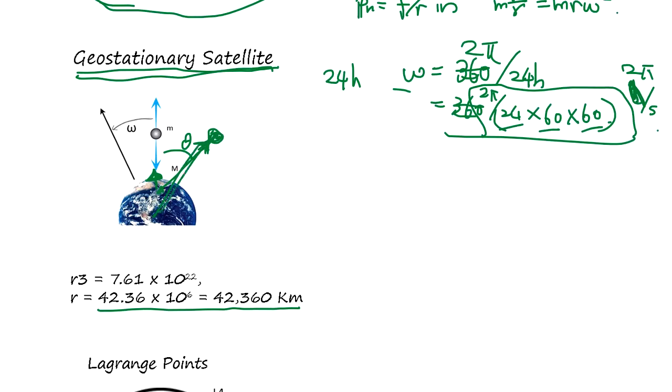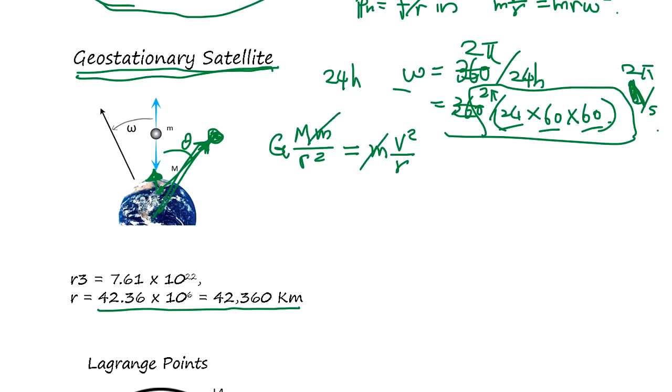Okay, so what is the gravity for this, right? So the gravity is G M m over r square, right? Now this gravity is equal to what? The centripetal force, right? Which is m v square over r.